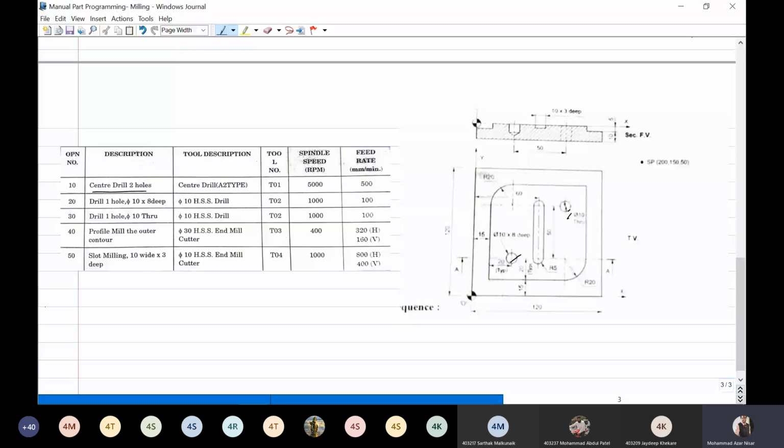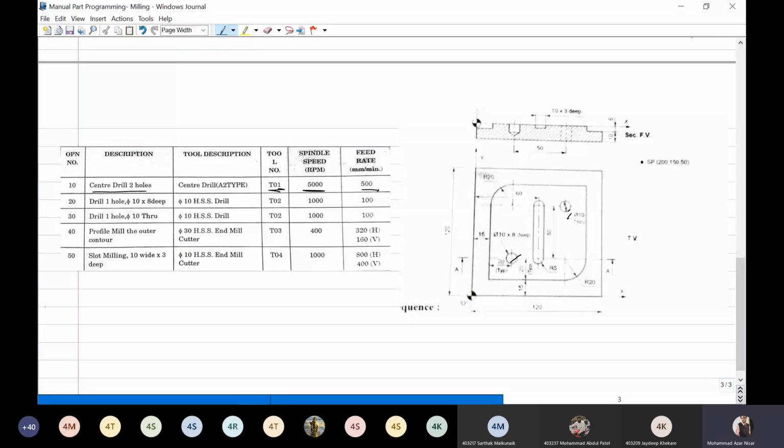They have told you to center drill first with tool number T01, and your spindle speed should be 5000 rpm, and the feed rate should be 500 mm per minute.